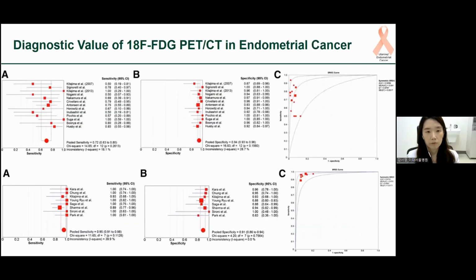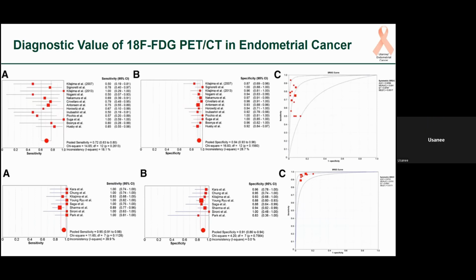This is data from a systematic review and meta-analysis evaluating the diagnostic value of FDG PET/CT in endometrial cancer.